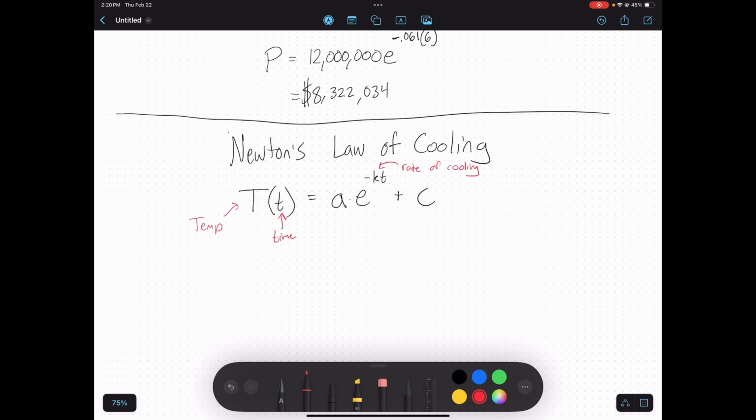What do these values actually represent? Well, it turns out that the rate, how fast your object cools down, depends on the temperature that surrounds it. Okay, and that's what C represents. So C represents your surrounding temperature.